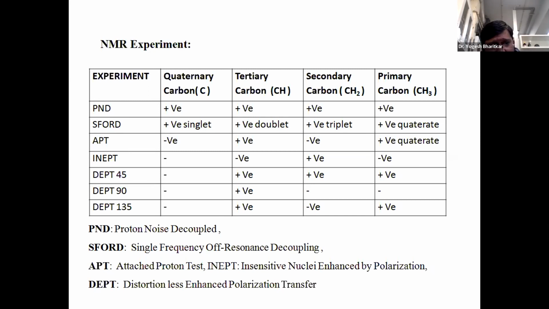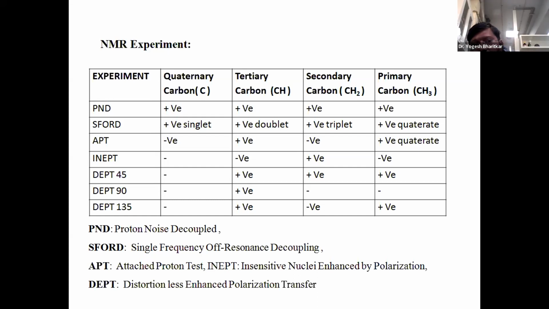But generally, we use DEPT 90 and 135. DEPT 45 we also do not use, but we get maximum information from DEPT 90 and 135. In DEPT 90, we get only CH carbons, and in DEPT 135, CH carbons get positive signals, CH2 gets negative, and CH3 gets positive signals.